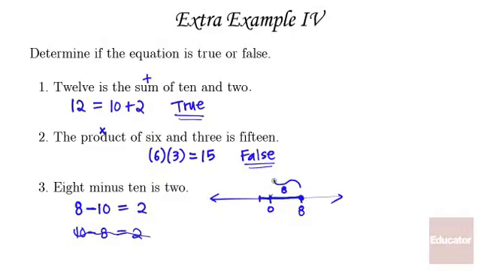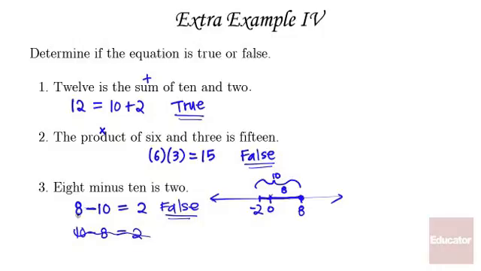If I move 10 spaces, then I'm going to land at negative 2. So this is false, because 8 minus 10 is negative 2. Again, you're starting at positive 8, and then you're going to move backwards 10 spaces on the number line, so you're going to land at negative 2. So this is false.